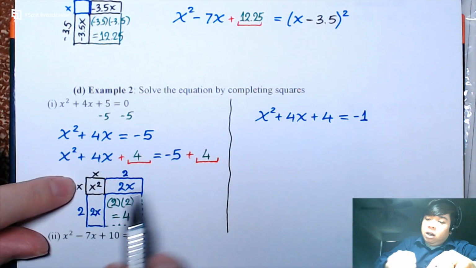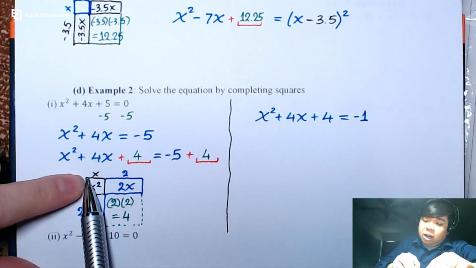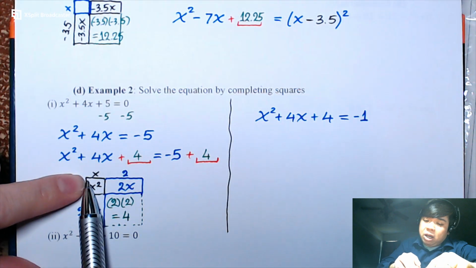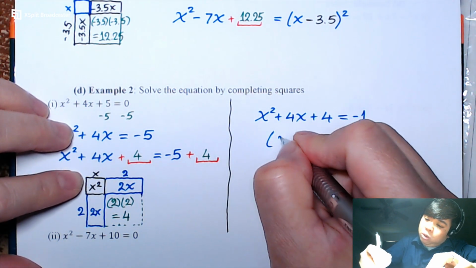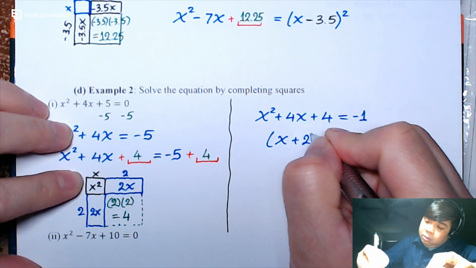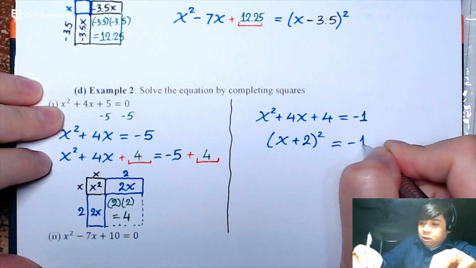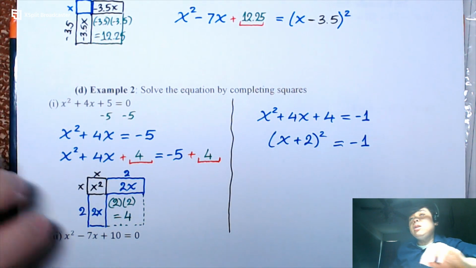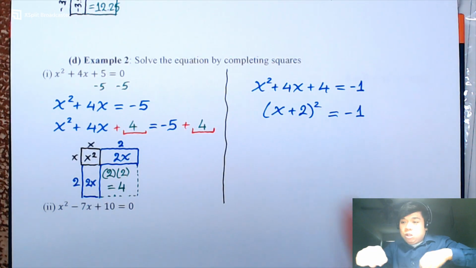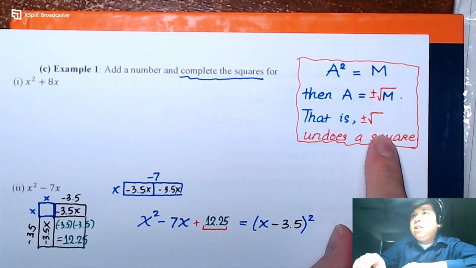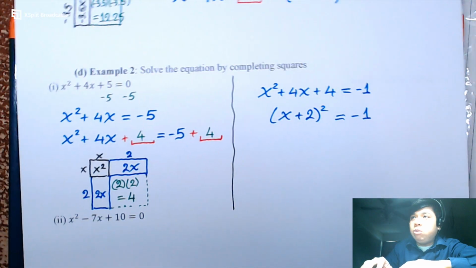Now, the left hand side, we have the area of the big square will be x plus 2 by x plus 2, or x plus 2 squared. So now we complete the square. Okay. Now with that, we have a square equal to something, and the rule says plus or minus square root will undo a square. Just keep that in mind.